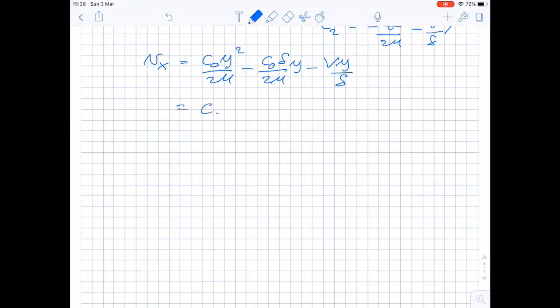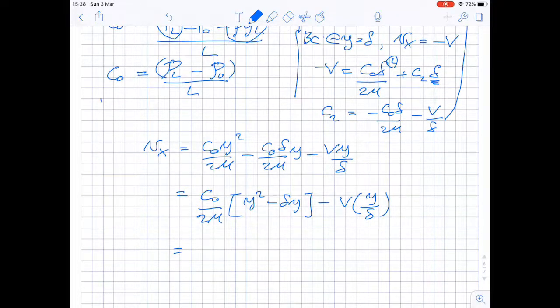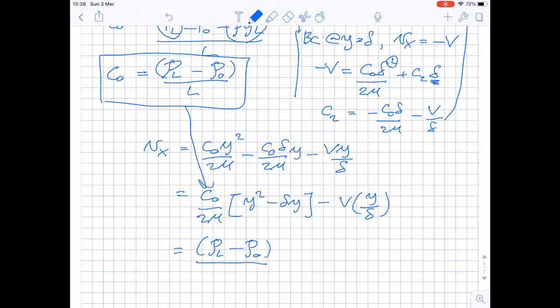Then clean it up. y squared minus delta y minus V y over delta. And then I would take C0 over here down there. So I have PL minus P0 over 2 mu L. y squared minus delta y minus V y over delta.